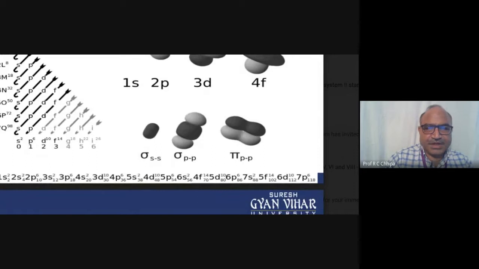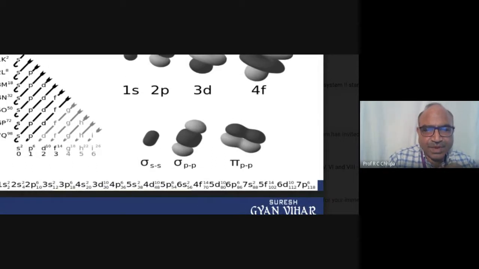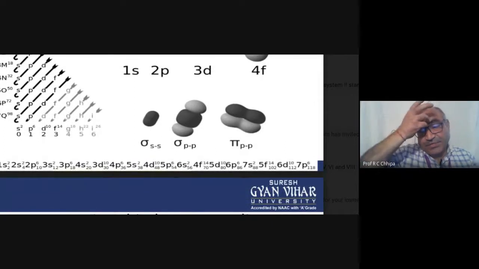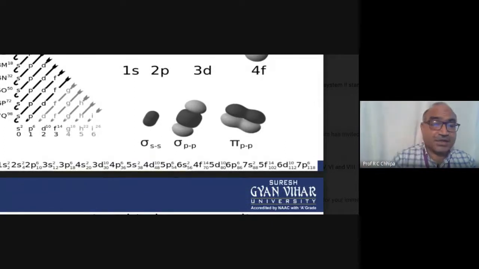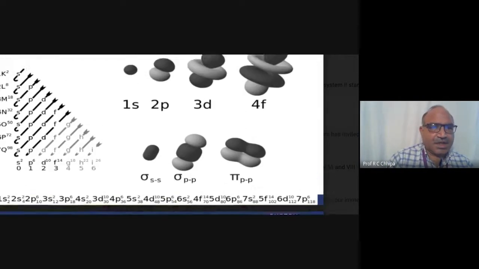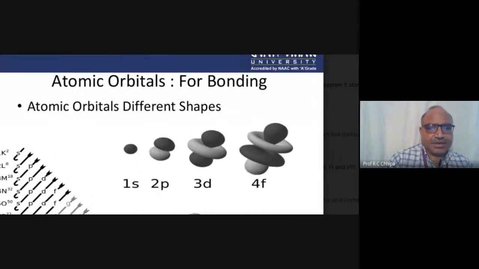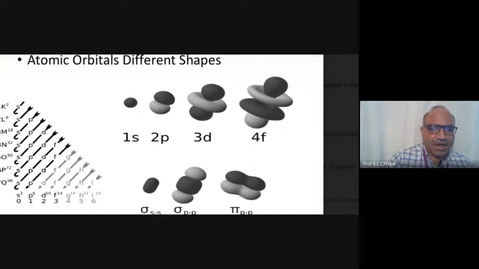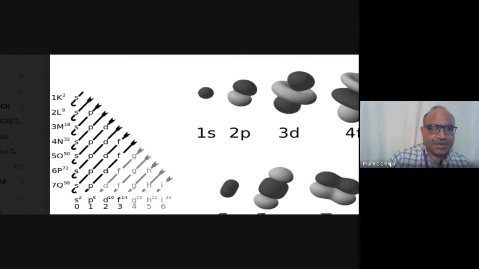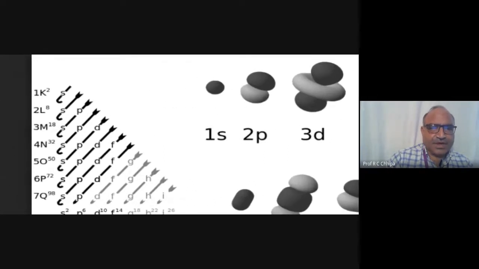Now these are some of the bonding, how the bonds are formed, the overlapping or mixing of two atomic orbitals. This is also what gives the bonding between two or more atoms. Now we will go back to the above principle, how these electrons are filled.